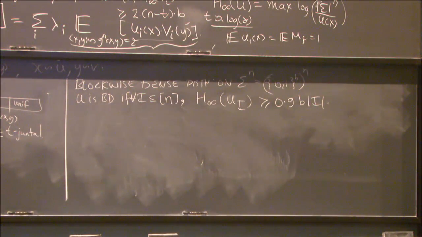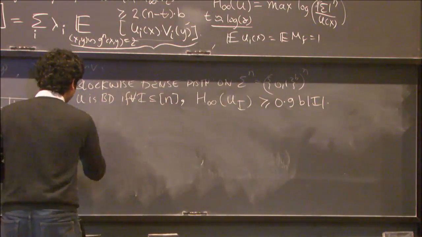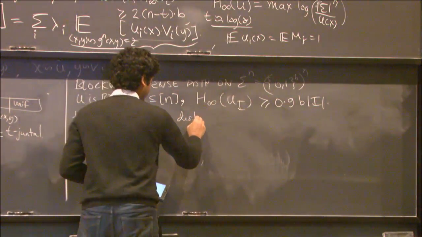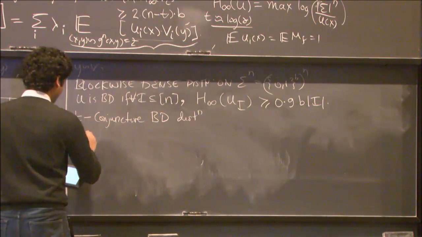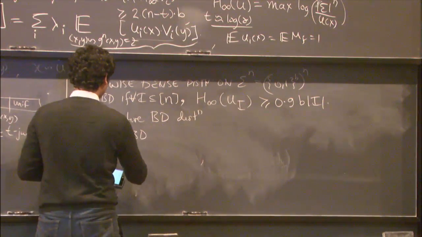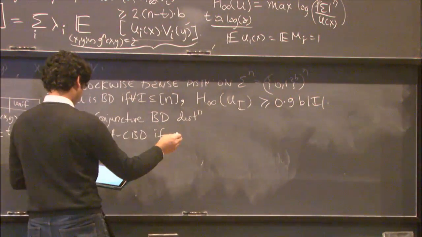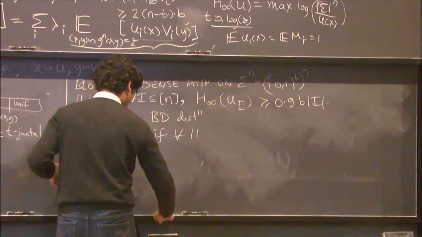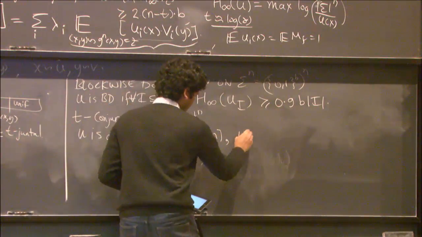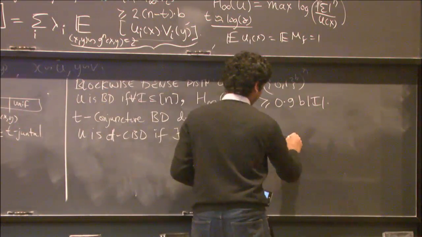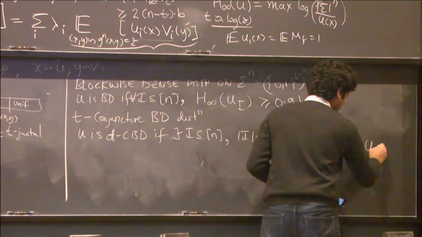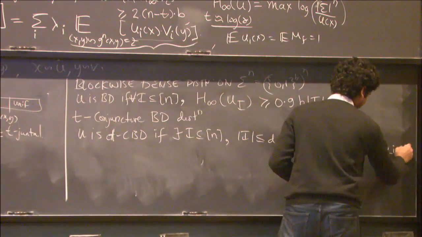Now I want to also allow T fixed blocks. So I'm going to generalize it to T conjunctive blockwise dense distributions, and I'll say that U is T CBD, or I'll say D CBD if there exists I of size less than or equal to D such that U_I is fixed and U_{[n] minus I} is blockwise dense.